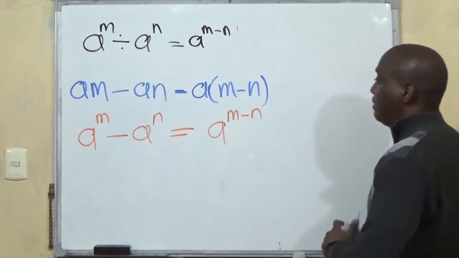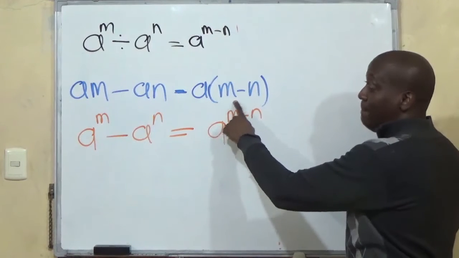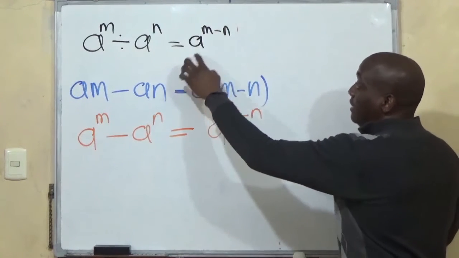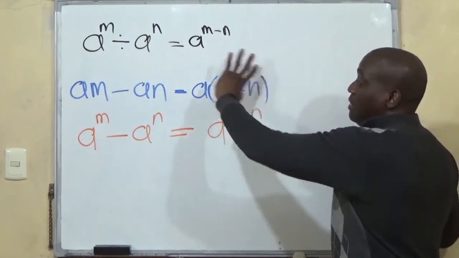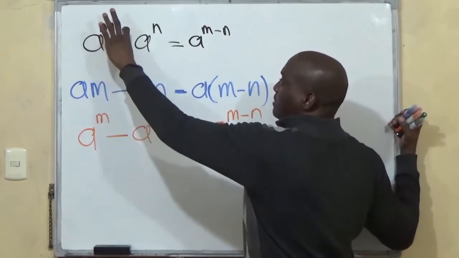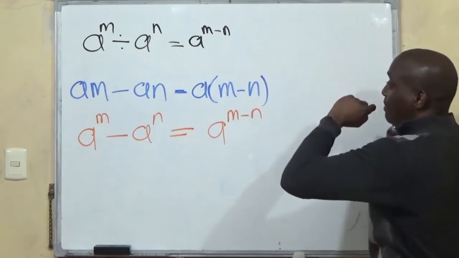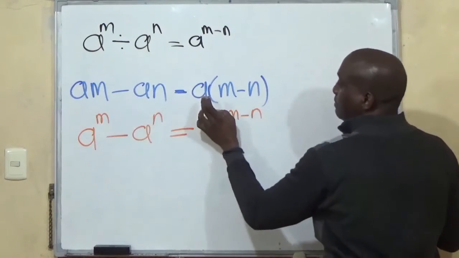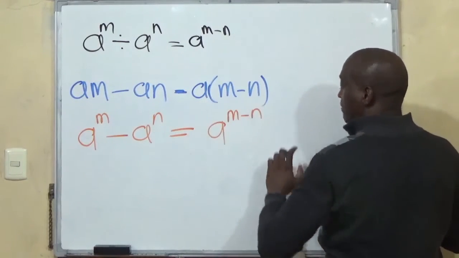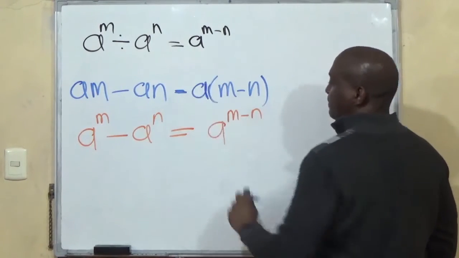And in the same way, a multiplied by m minus n is different to a to the power of m minus n. So once we talk in powers, same base, operation is division, m minus n, a to the power of m minus n. Common factor, take it out, you're multiplying a by m minus n.